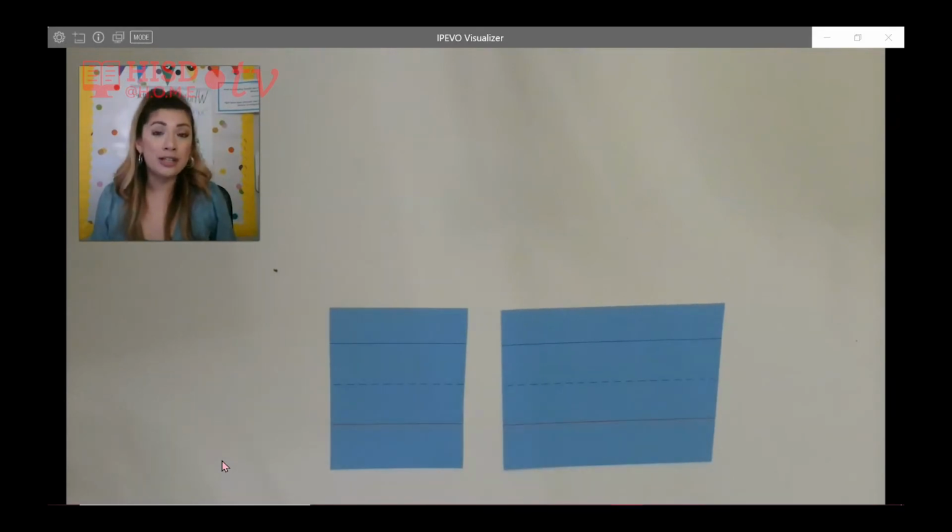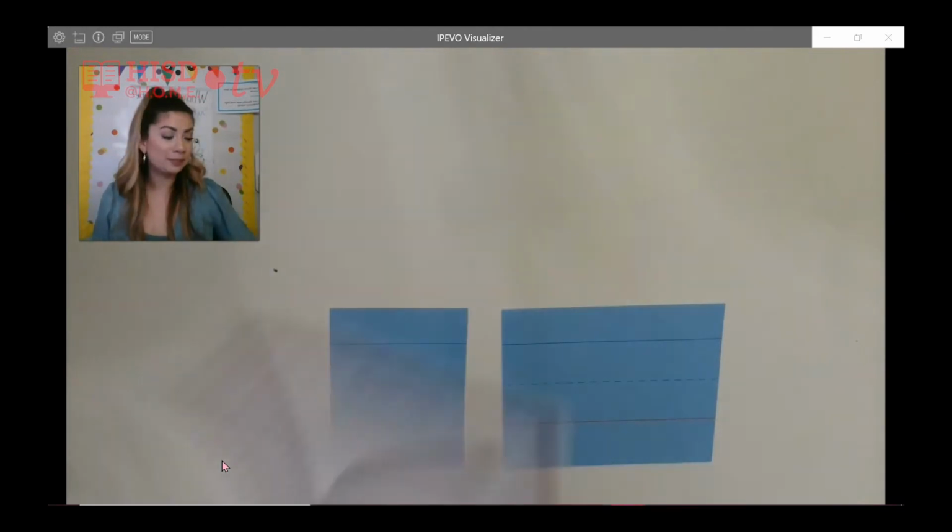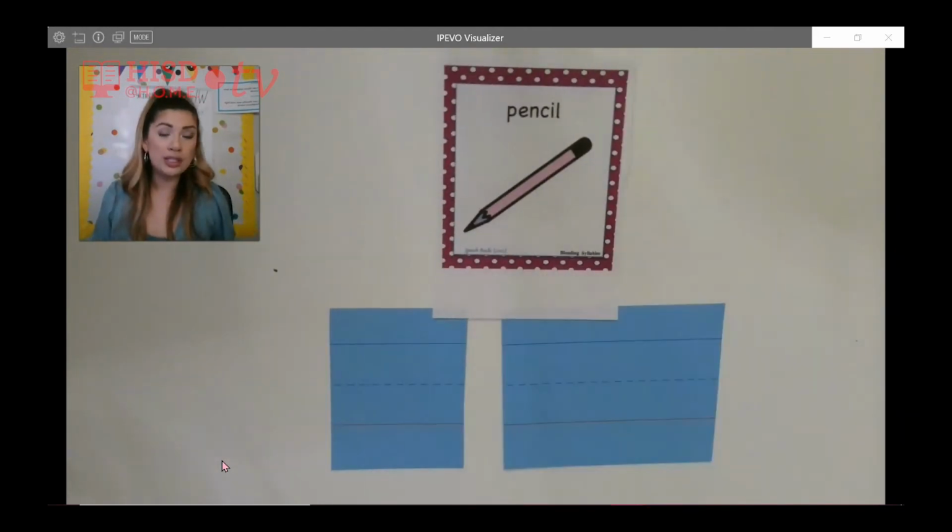How many chunks, how many syllables does the word pencil have? Pencil has 2 syllables. That means it has 1, 2 chunks in the word pencil. Let's take a look at one more.